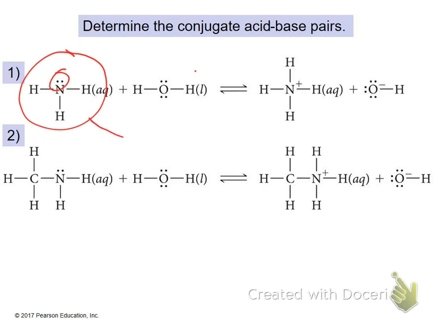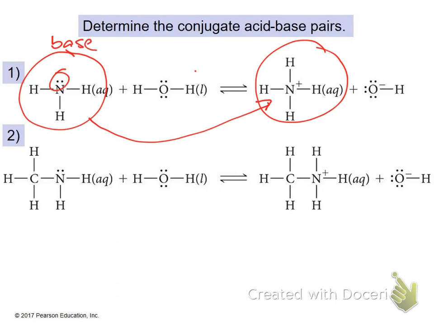And after the reaction, it turned into NH4 plus, right? So that means that it gained a proton. According to the Bronsted-Lowry base definition, any base is a proton acceptor, right? So in that case, NH3 is a base.